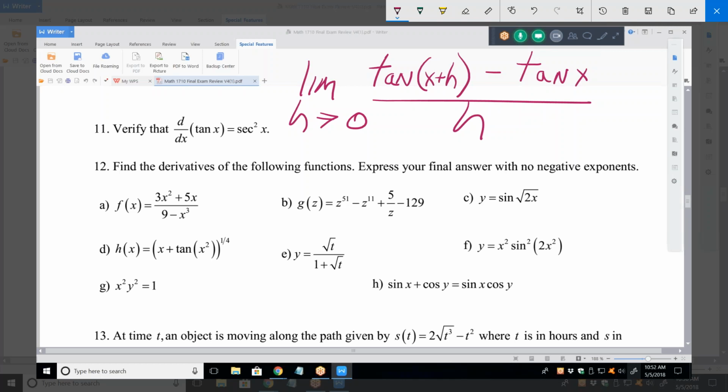Now, to solve that, you would have to use the sum and difference identity for tangent. You may end up having to turn this tangent into sine over cosine to solve it. I don't know. I've never tried to prove this identity using the limit quotient definition.